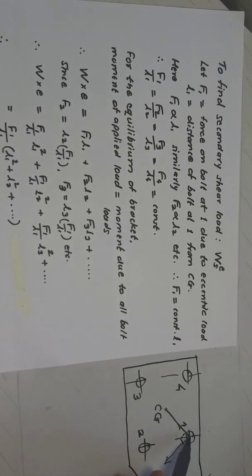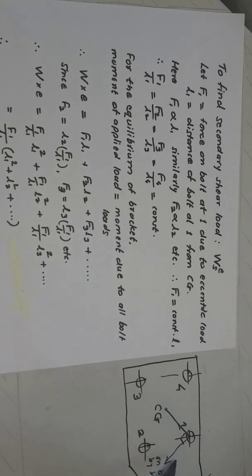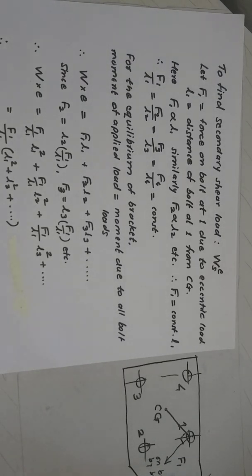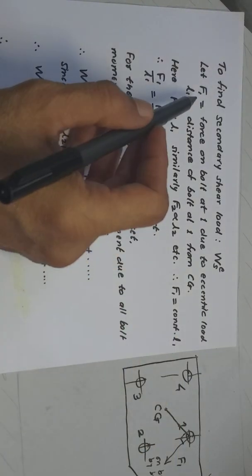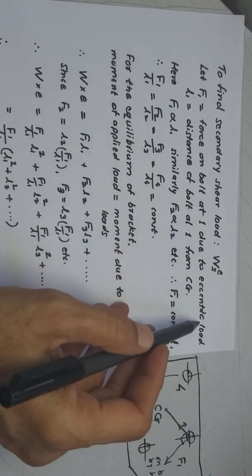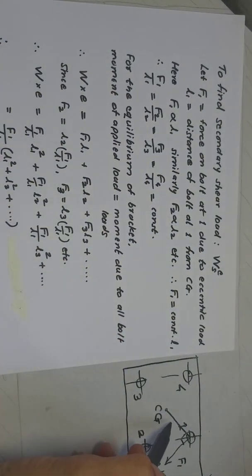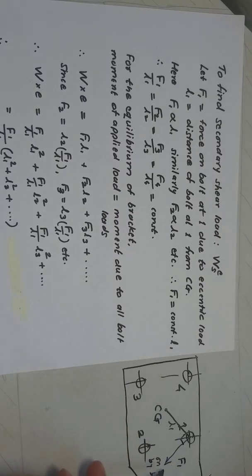So whichever way you take, it doesn't make any difference. I am showing this is the force on the bolt by the bracket, which I am calling F1. So F1 is the force on the bolt at 1 due to eccentric load, and that is at a distance L1.